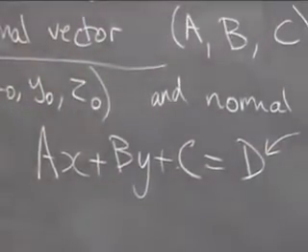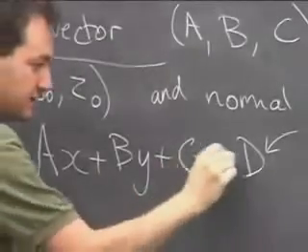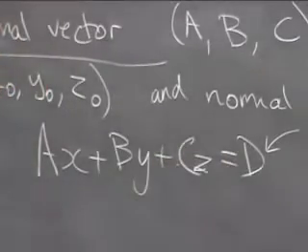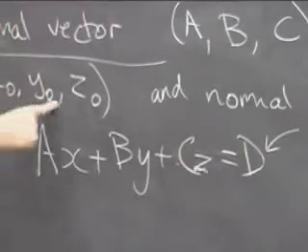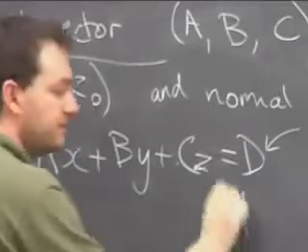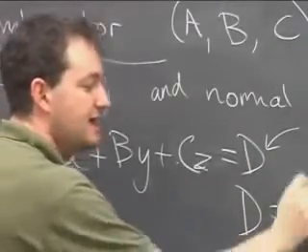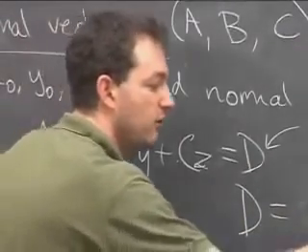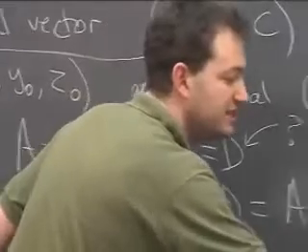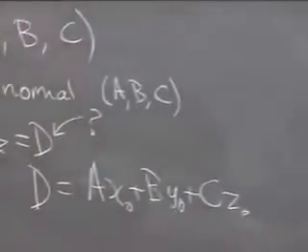D is what it has to be by plugging in the point, so D must be AX0 plus BY0 plus CZ0, which is just some constant.